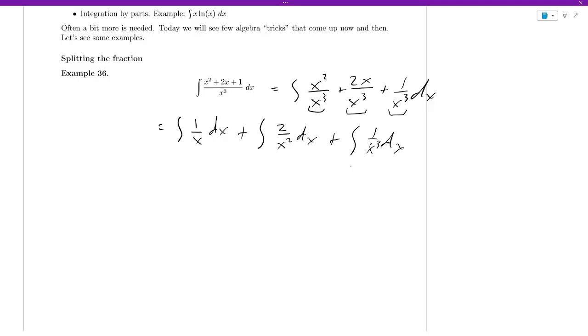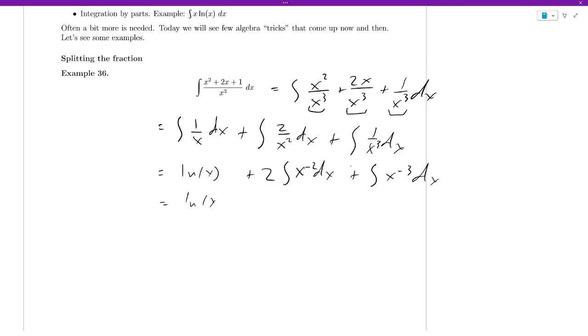So each of these is an integral that you can do. You might have to remember this first one is ln. The second one, we can pull the 2 out, and I like to write this as x to the minus 2, so that I'm going to be able to use my power rule. Remember, 2 in the bottom is the same as minus 2 on the top. This is x to the minus 3.